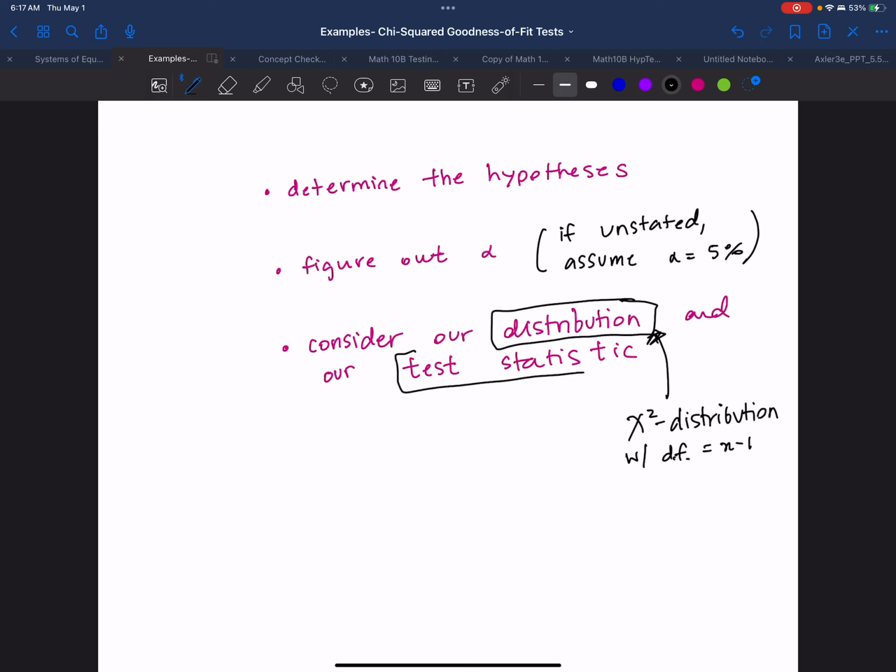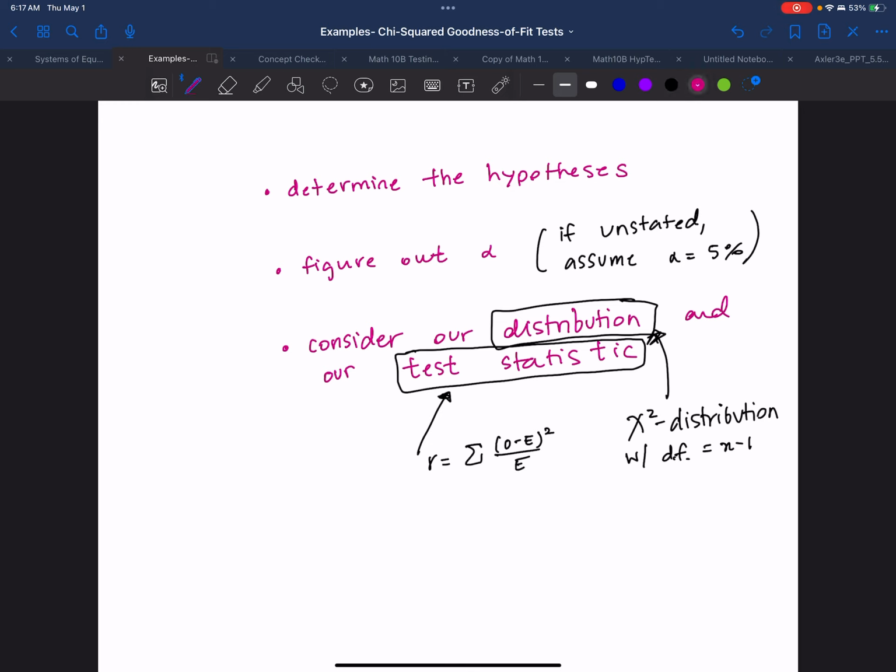The formula for our test statistic is going to be the sum of the squared difference between our observed and our expected, over E. So we have to figure out what's our test statistic, what is our distribution. This distribution is assuming that our null hypothesis is true.